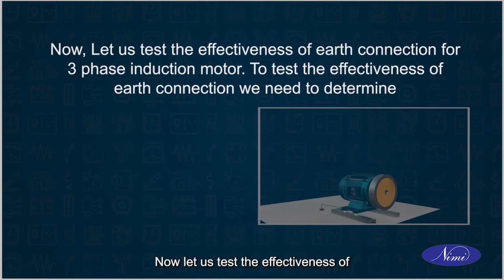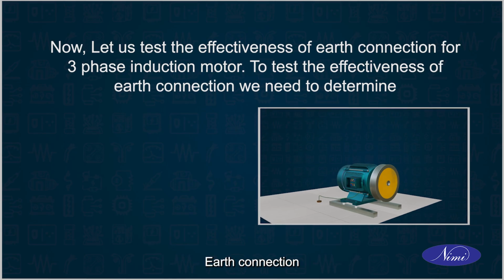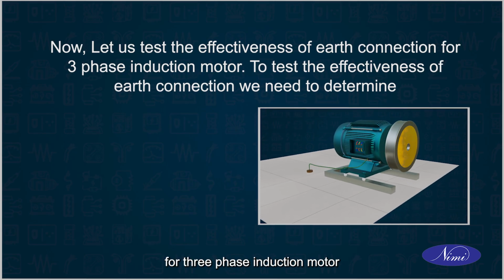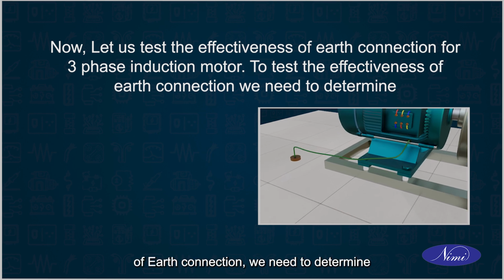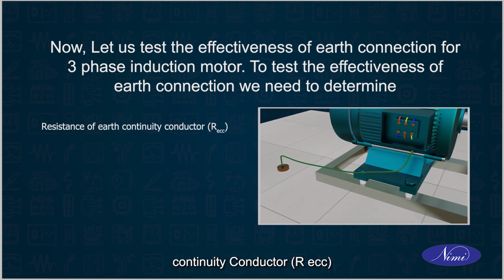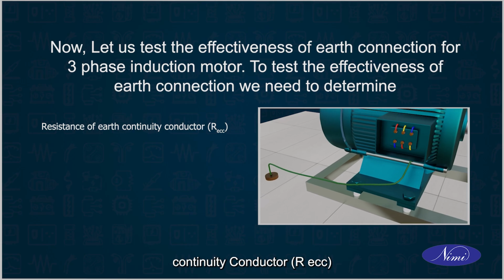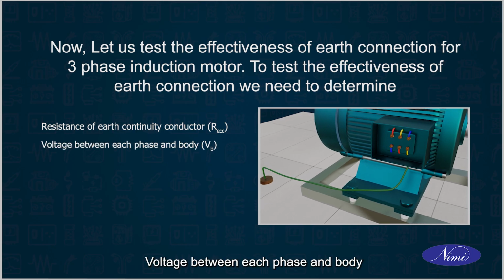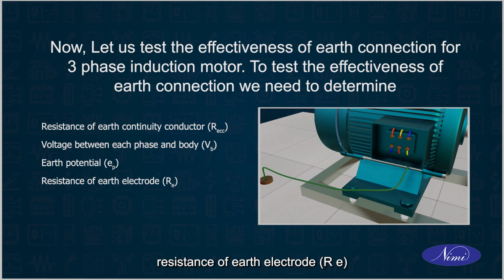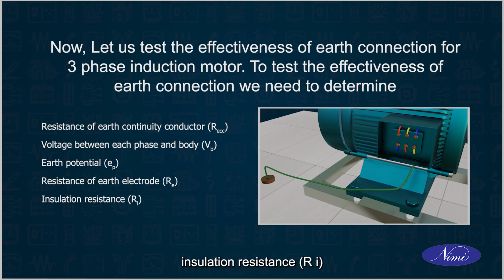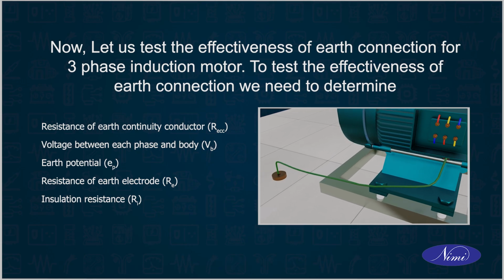Now, let us test the effectiveness of earth connection for three-phase induction motor. To test the effectiveness of earth connection, we need to determine resistance of earth continuity conductor RECC, voltage between each phase and body VB, earth potential EP, resistance of earth electrode RE, insulation resistance RI.